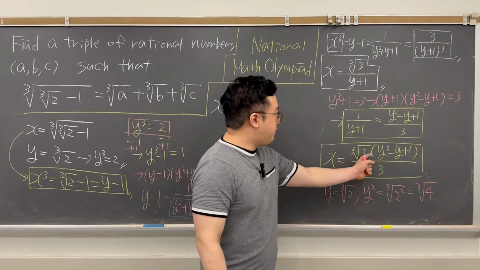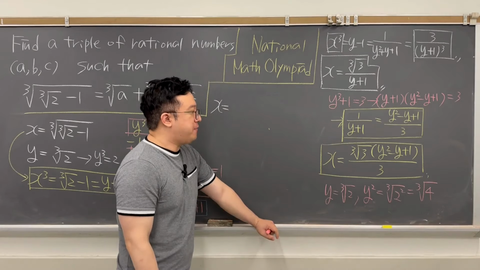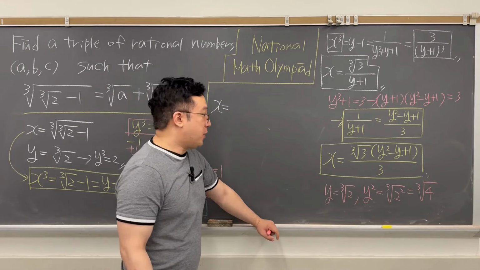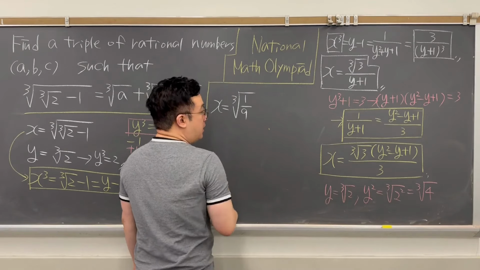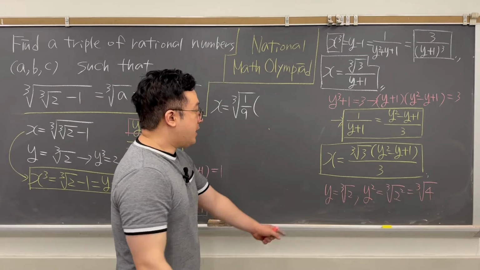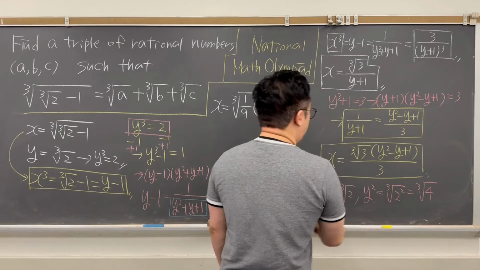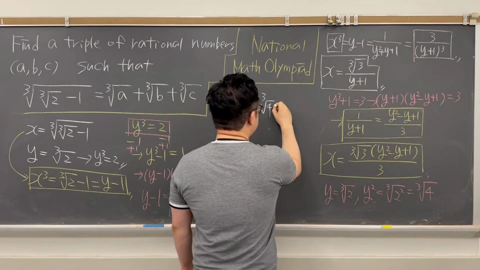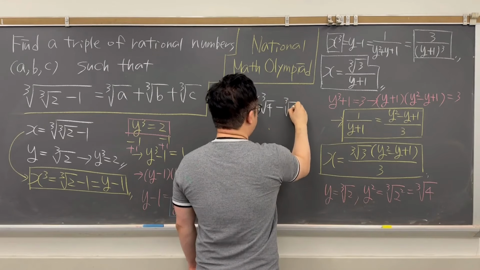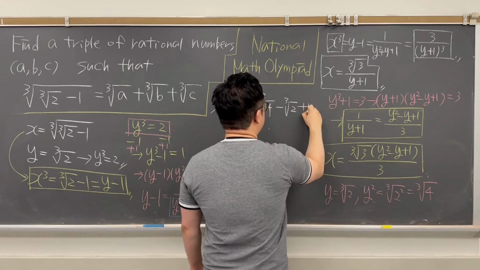cube root of 3 over 3. This is going to be cube root of 3 over 9 inside, so it is cube root of 1 over 9, and then parenthesis, y squared, that is cube root of 4, then minus y, that is cube root of 2, then we have plus 1.